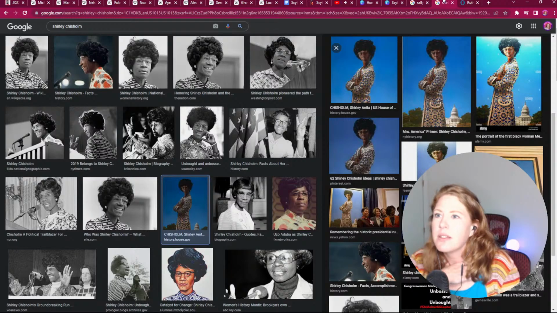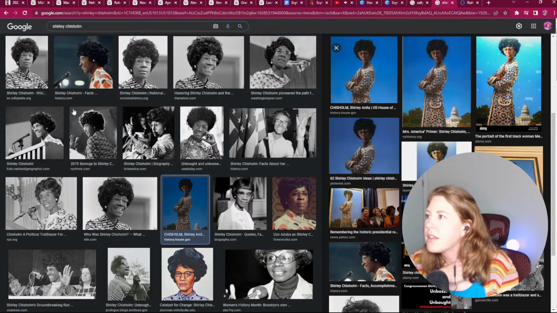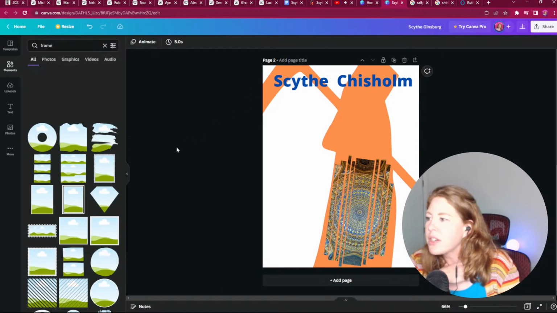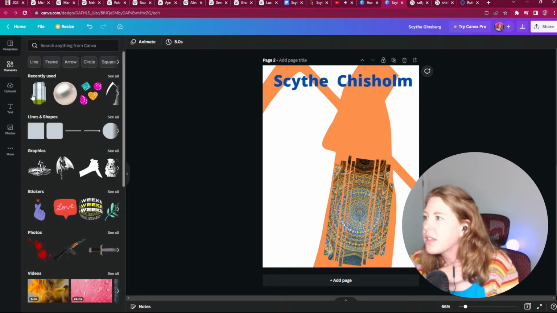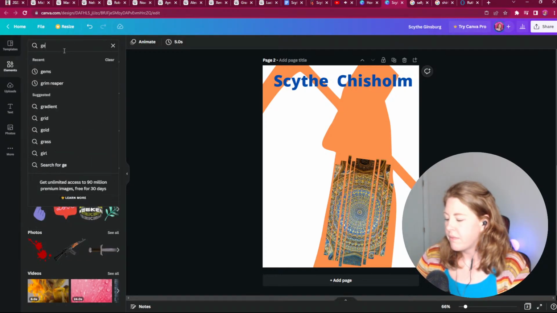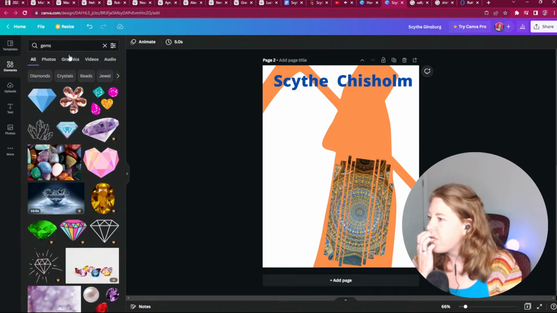Let's look. She had these really pretty silver earrings. So maybe like bits of silver in it. What would fit well?